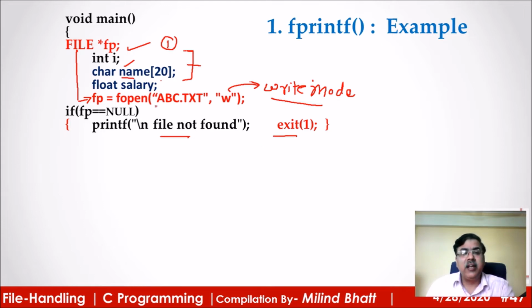But if the file is writable, then I have to read some data for name and salary and put it to abc.txt. So for i equal to 0, i less than 10, I want to read 10 such records and then put those 10 records to my file.